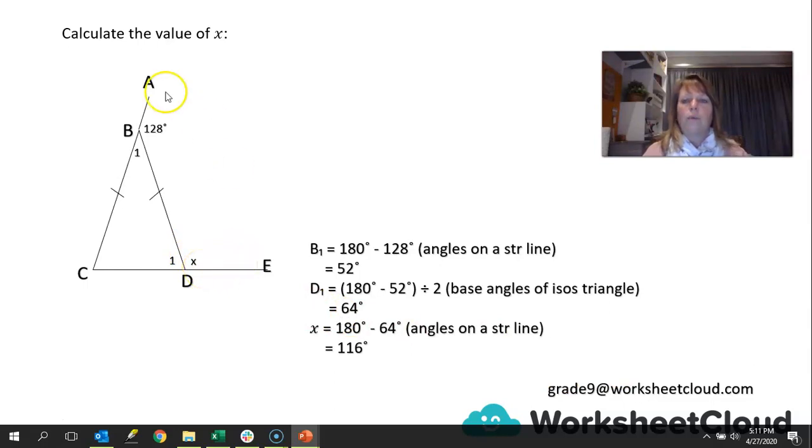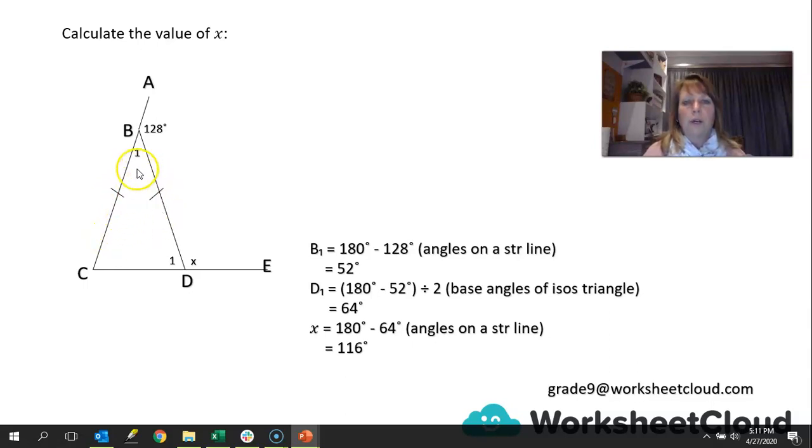Let's just go over that one more time. We had angles on a straight line here. 180 minus 128 gave me 52. 52 was our top angle in our isosceles triangle. We knew that it was an isosceles triangle because it was marked like that. That means the sides are equal in length.